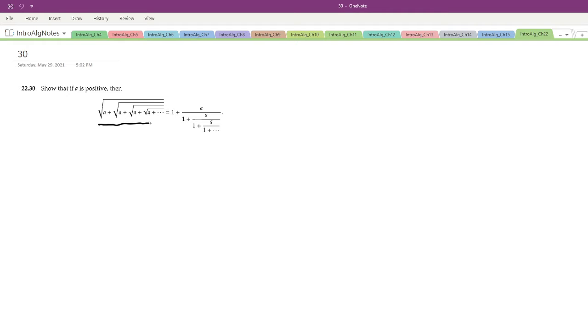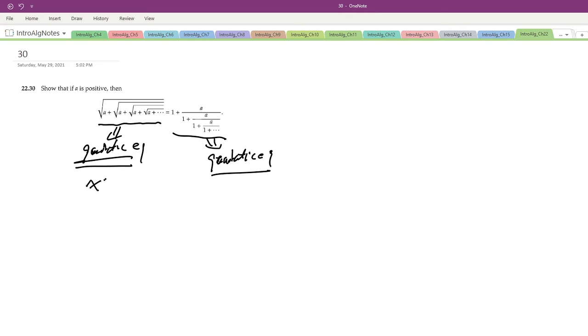This one is a solution of a quadratic equation, and this one is also a solution to a quadratic equation. If they belong to the same quadratic equation and only a single solution can make x greater than or equal to 0, then they must be the same.